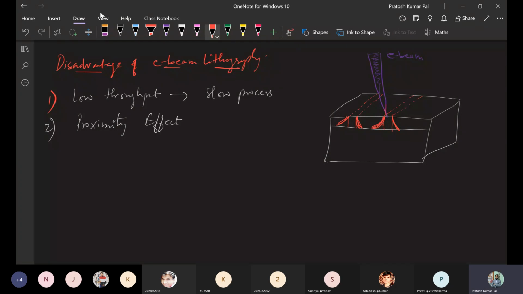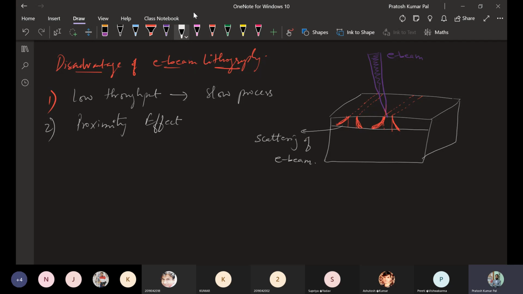This is the pattern that becomes soluble, whatever is exposed to the e-beam. So this scattering of the e-beam is considered the proximity effect.